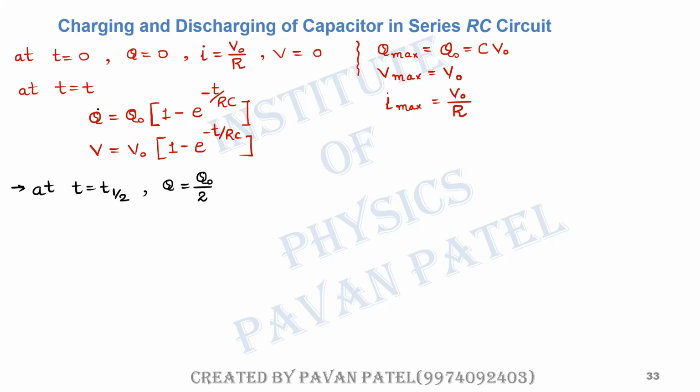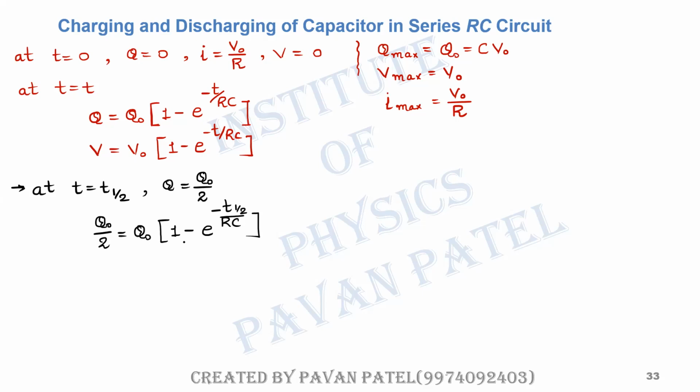Now using the formula of the charge, in place of Q I am writing Q0 divided by 2, which is equal to Q0 in bracket 1 minus e raised to minus t half divided by RC.